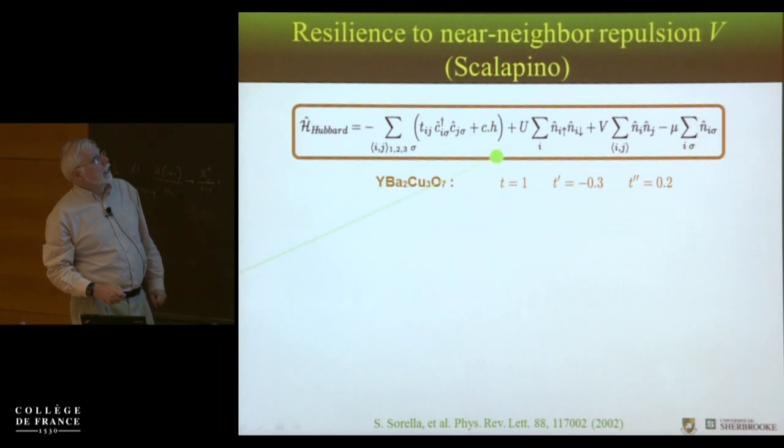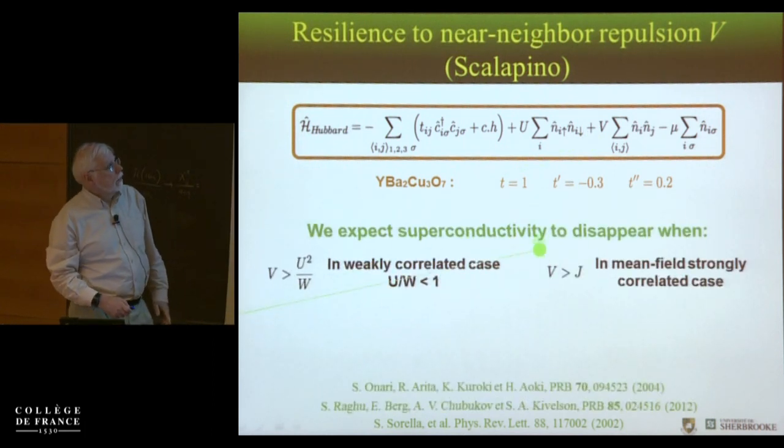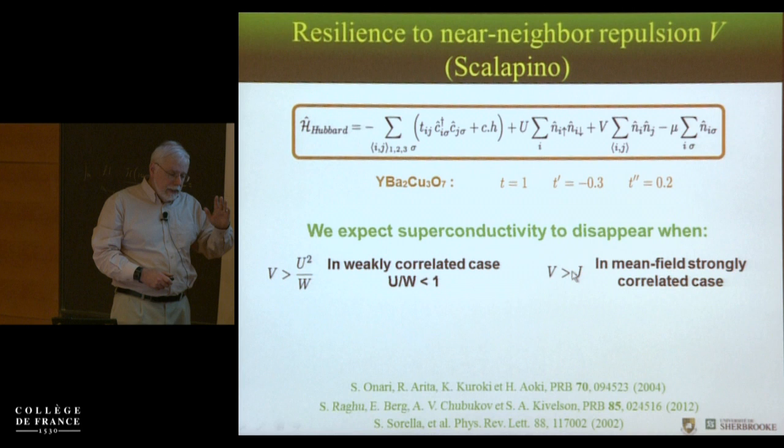He said, okay, you're telling me that J is doing the binding, but I know there's Coulomb repulsion, nearest neighbor, so it will kill your effect. In other words, when V is larger than J in mean field, you should not get binding. This is the argument I showed in mean field theory earlier.